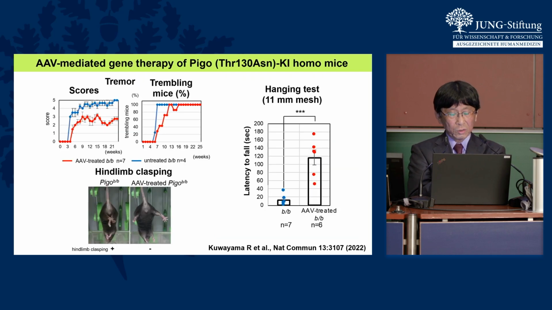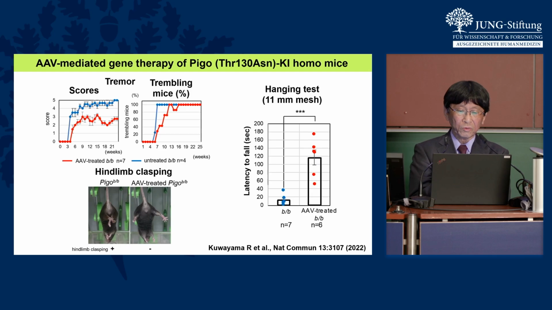And the model mice showed tremor and hind limb clasping, signs of neurological deficit, and they failed hanging. But the treatment ameliorated the tremor. The treated mice have weaker tremor scores.